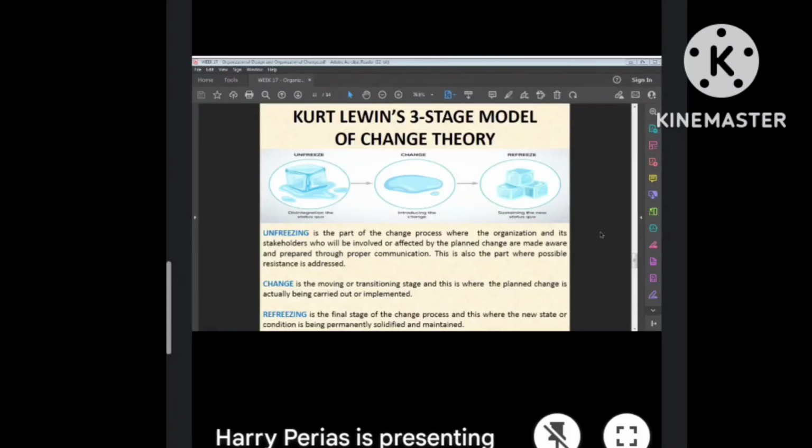So, to be able na ma-sustain 'yan, yung bagong status quo, is kailangan everyday mino-monitor sila. Kasi ang tendency kapag pinabayaan mo lang agad sila kahit nandiyan na yung computer, kung ano yung nakasanayan nilang gawin na mano-mano before, babalik at babalik sila doon kasi doon sila nakasanayan. Okay? So, that is refreezing.